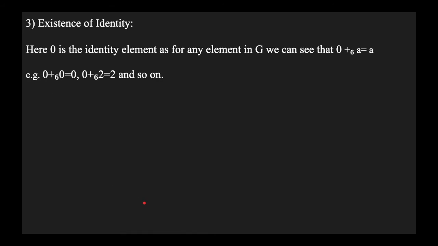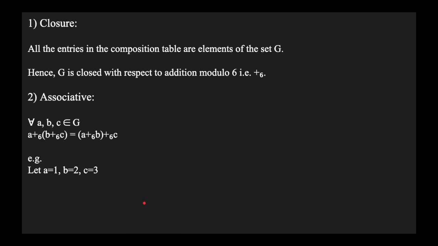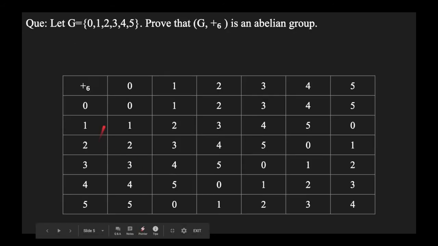How? Let us consider the table here. Now consider the rows. Wherever there is 0, the inverse of 0 is 0. Here 0 is, so the inverse of 1 is 5. Now 0 is here, so the inverse of 2 is 4.